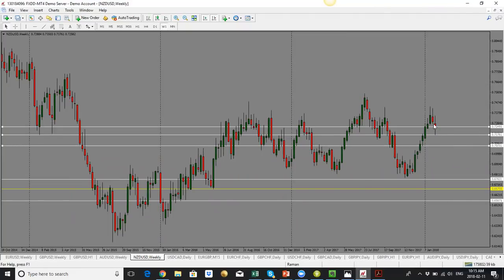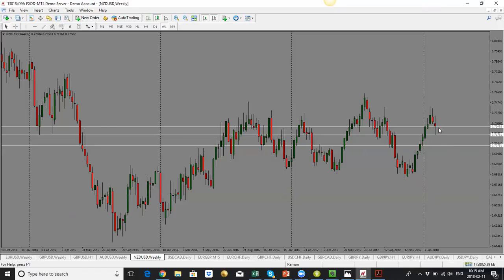So in this case, the overall bias is still to the downside, but for some reason, New Zealand Dollar has been a little more bullish than Australian Dollar. So for this one, we have a very neutral candle close for the week. Which means price can go either way because we have pins on both sides here, small candle body, but overall bias is to the downside. So we would say bias would be neutral to bearish in this one.